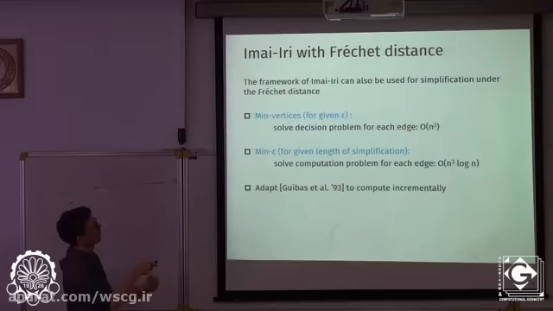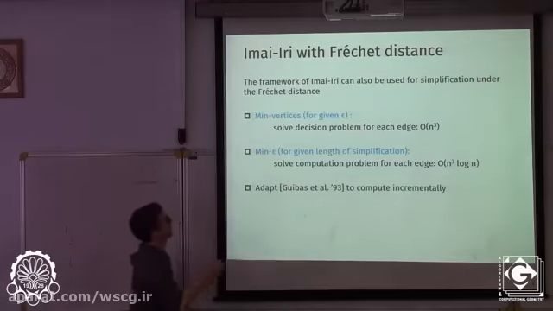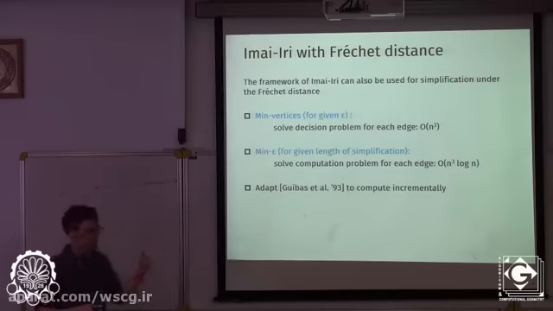That is back to the original framework, with linear time per test, so that is cubic time. So if you want to use the Fréchet distance, it comes at the cost of an extra linear factor.